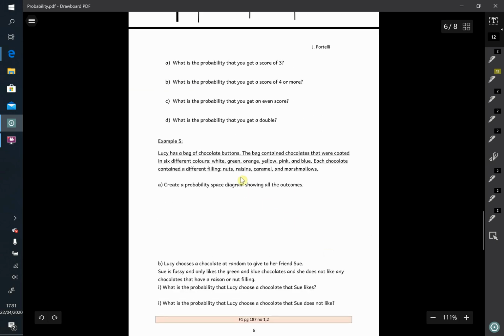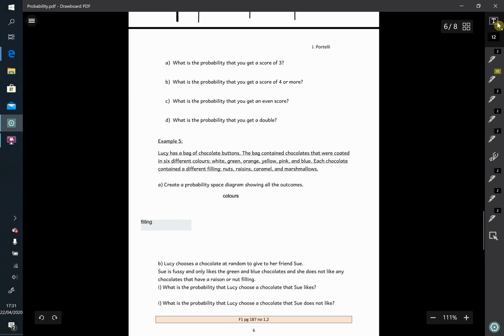Okay, and if you notice here, this one, Lucy has a bag of chocolate buttons. The bag contained chocolates that were coated in 6 different colors and different fillings. So I have 2 events happening: something to do with the colors and something to do with the filling.